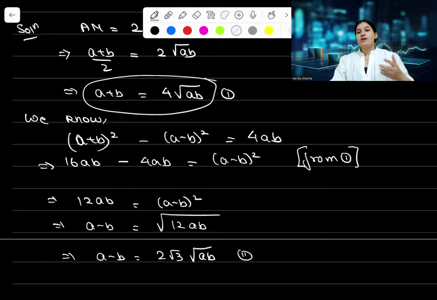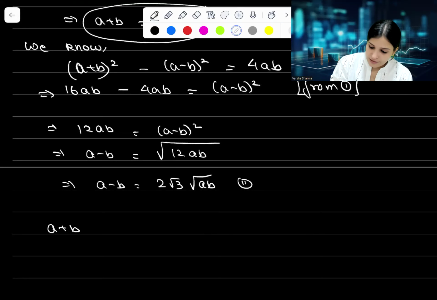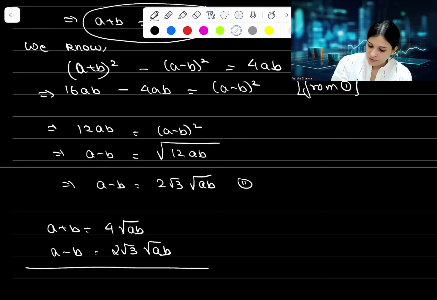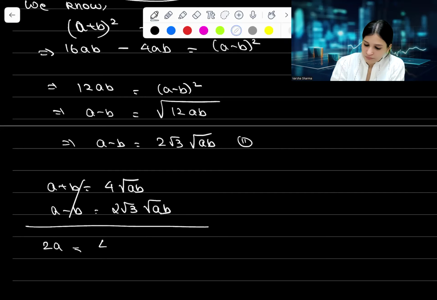Any doubt till here? So again, I have both A plus B and A minus B. Solve, find A and B. A plus B is 4 root AB. A minus B is 2 root 3 root AB. B goes away. 4 plus 2 root 3 root AB.